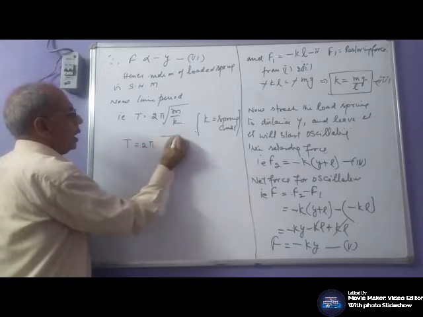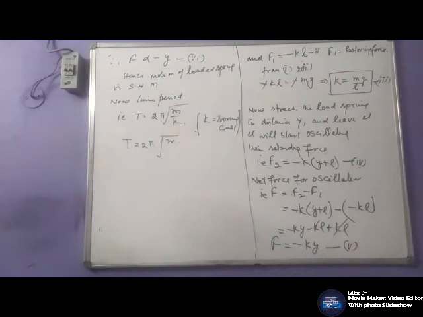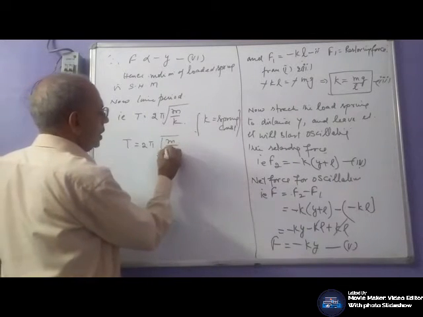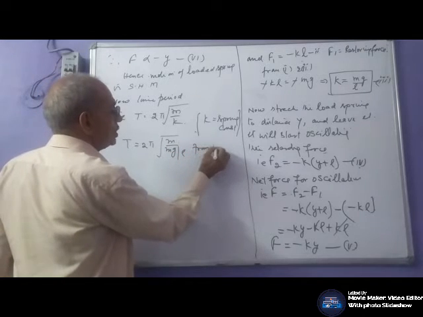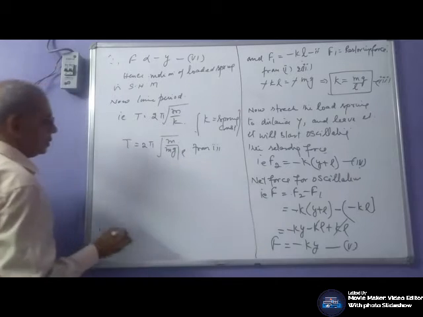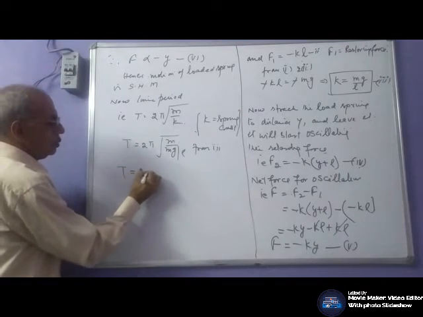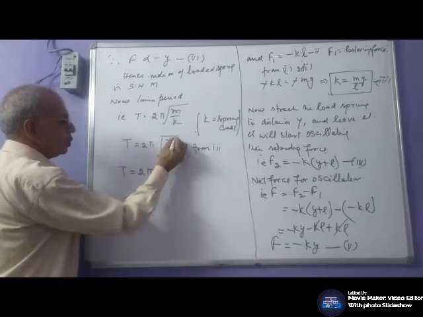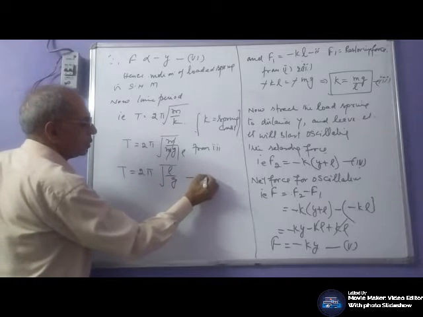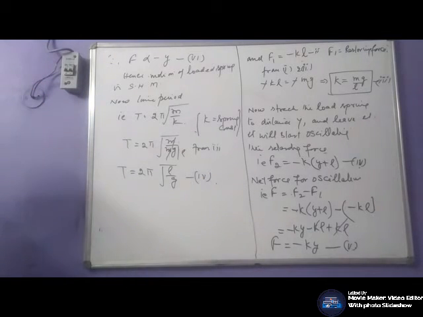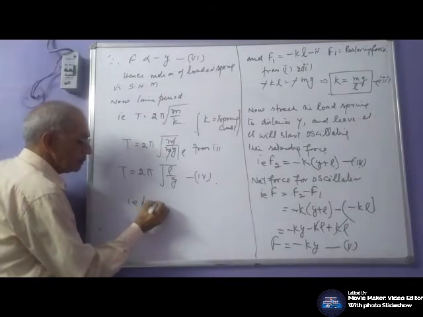T equals 2 pi root m by K, with K equals mg by L from third. Or T equals 2 pi root, M goes with M, L by g. That is time period.